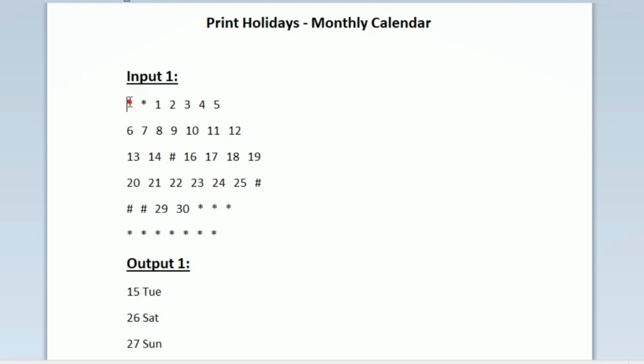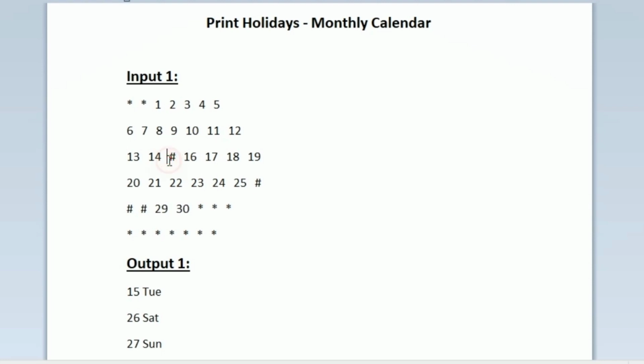In the given input matrix, let us start checking for the holidays row wise. In the first row we don't have any hash symbol, and in the second row also we don't have any hash symbol. In the third row, the third string is a hash. The first day is 13, the second day is 14 and the third day will be 15.